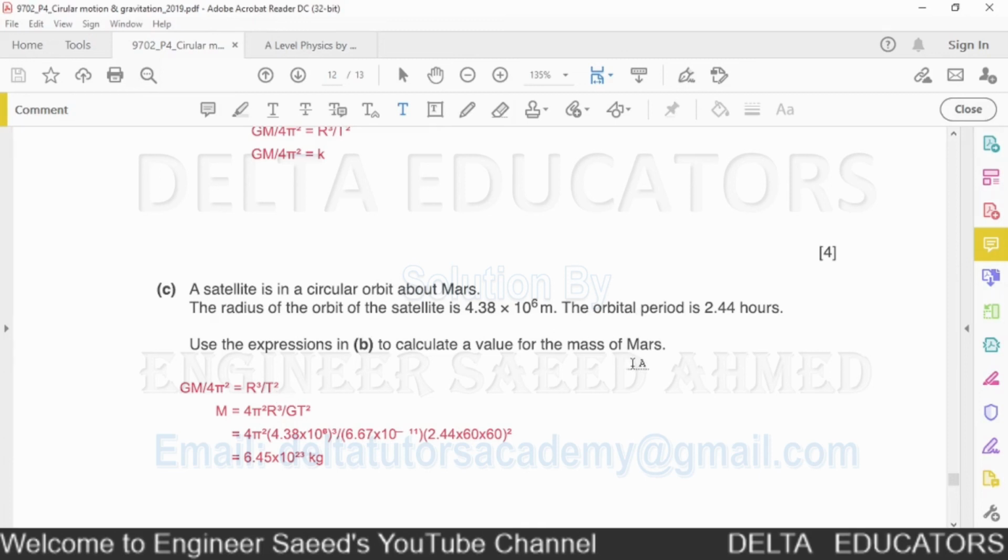Here we have to find out the value of the mass of Mars, so we have to make M our subject. By making M our subject, we will get M is equal to 4 pi squared r cubed over G T squared. Now here we just have to substitute numeric values. Here this r is the distance, which is given as 4.38 times 10 to the power 6. This G, the universal gravitational constant, its value is 6.67 times 10 to the power negative 11.